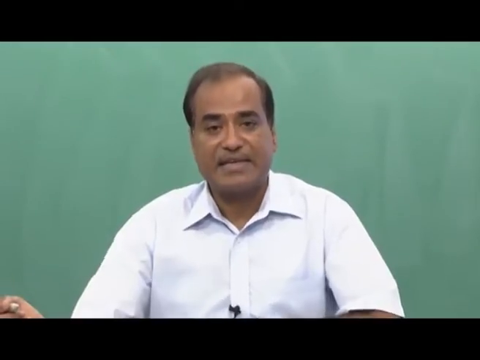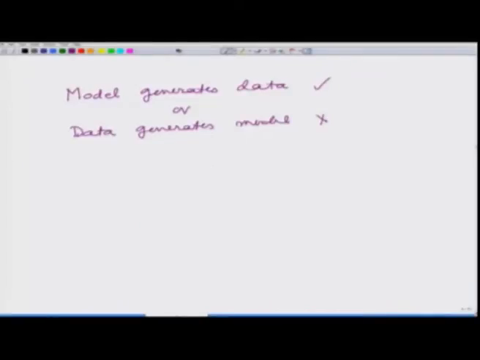So if I make a simple diagram, somewhere there is a process. This process is happening, right? And there is a model which is describing this process. And when we observe the process, we collect the data.